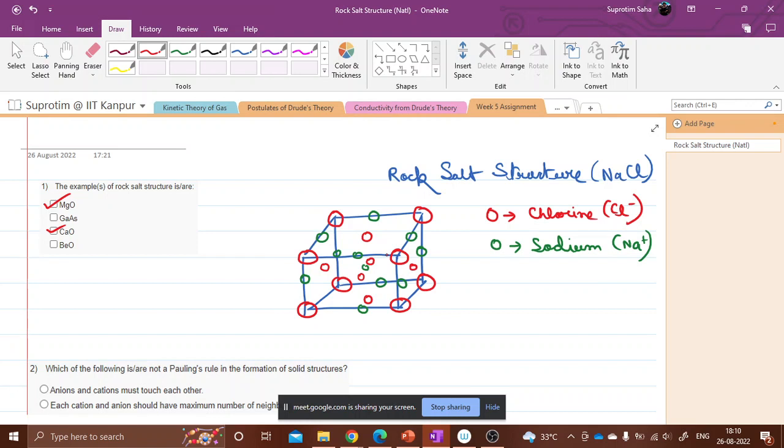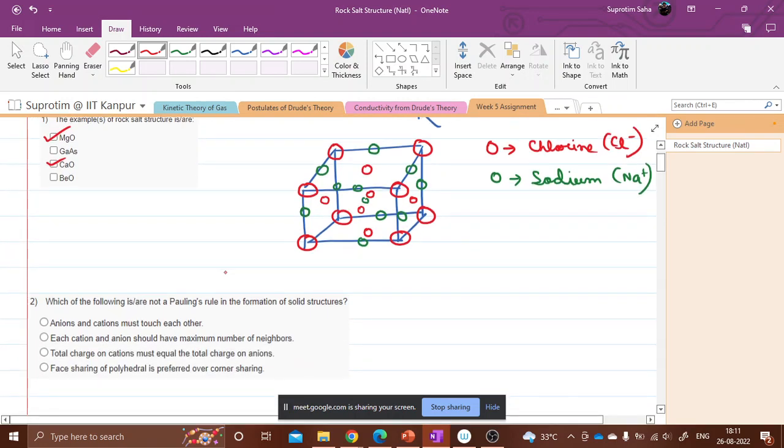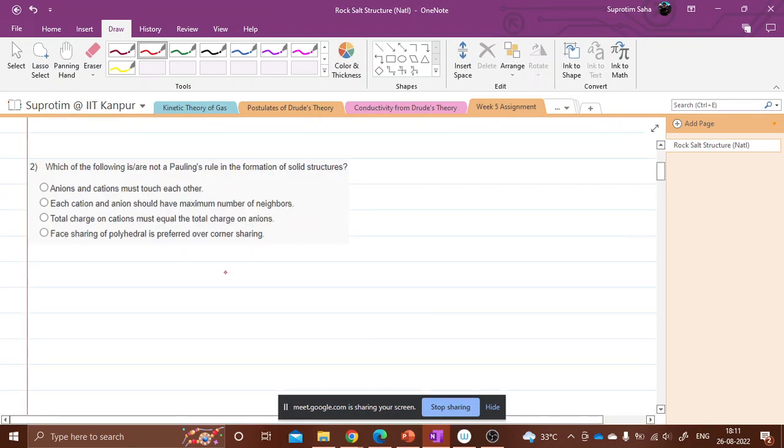That's why they are octahedrally coordinated. And the same goes with chlorine: this here, this, and on top and bottom. So there will be six. They're octahedrally coordinated.